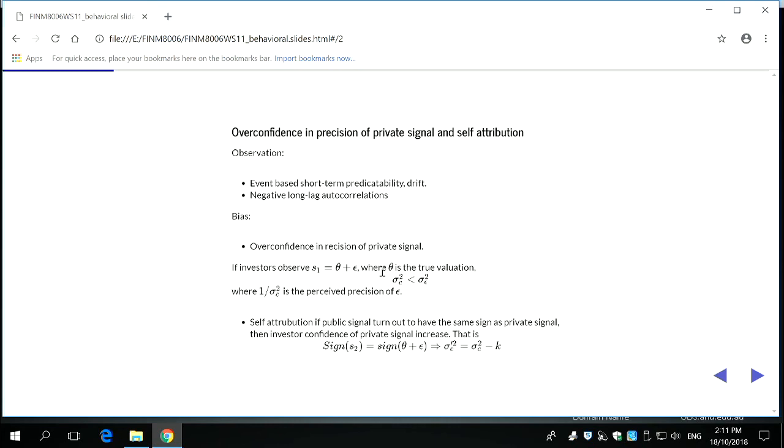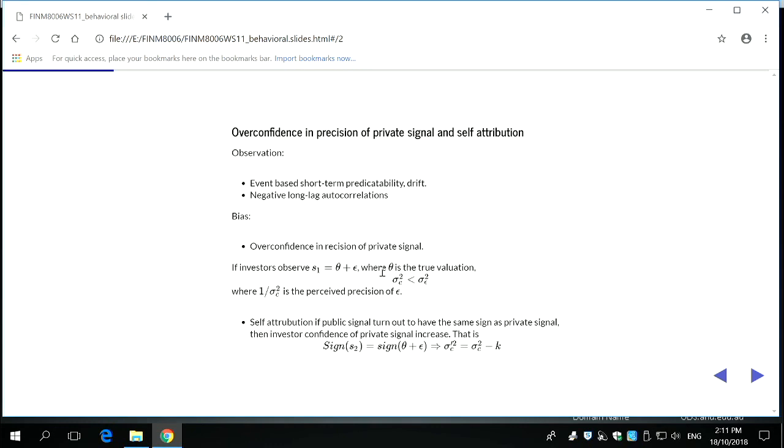But what we often observe is that the price jumps up, but still has a drift, meaning it is either slowly going up in response to the good news or going down slowly in response to the bad news. So in a way you can interpret this as momentum as well.